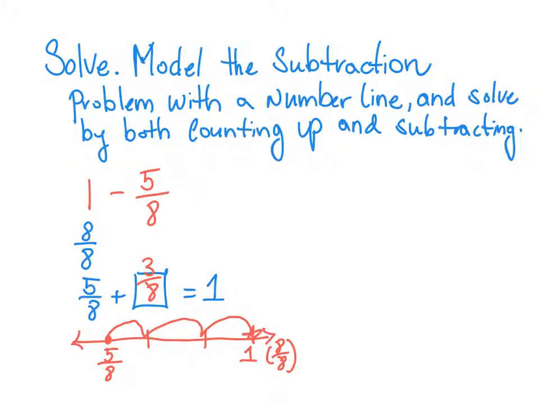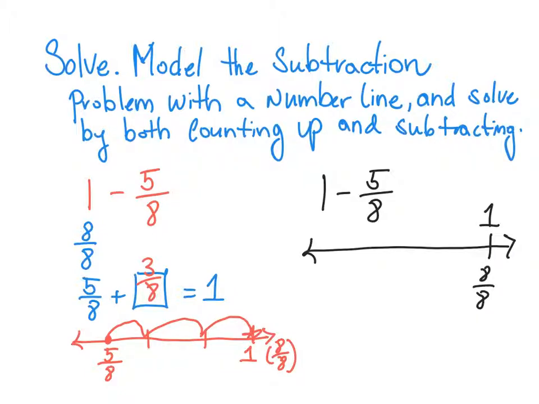We also can go back and say 1 whole take away 5/8, and we can show another number line, and we can start the opposite way. We can start at the whole, which we know is 8/8, and we want to go down 5/8. So let's see. We've got 1, 2, 3, 4, 5.